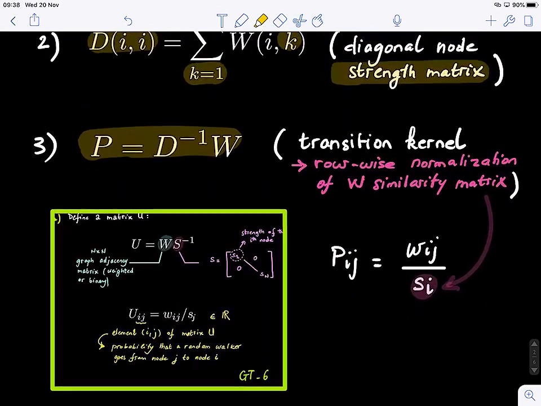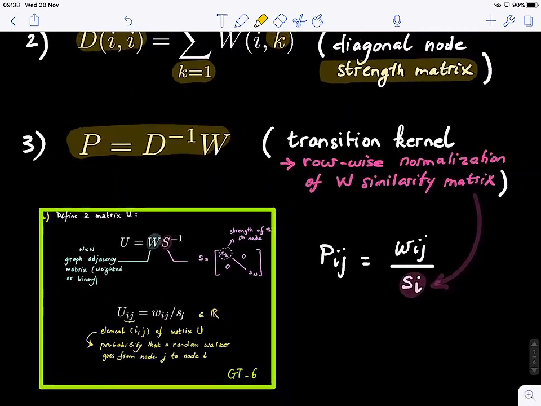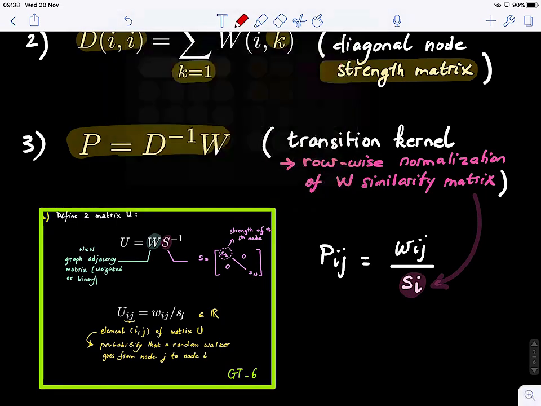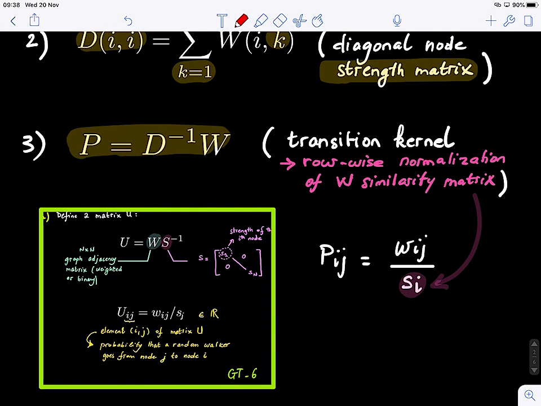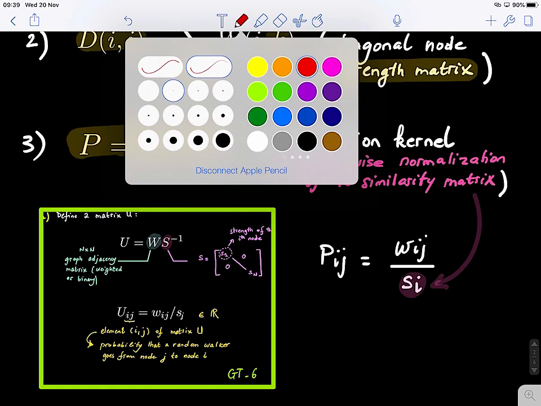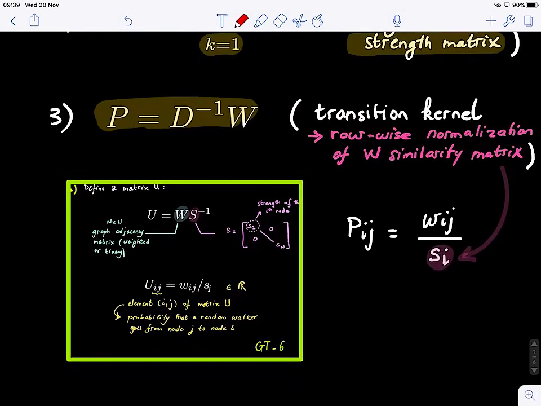And just to remind you guys, previously we called it U, okay? So this is what we called in the previous lecture, but we had it inverse. Why is that? Because we considered the random walker, okay, let me explain this so you don't get confused. We have the random walker walking basically from J to I, and because we changed the direction, it's like transposing the matrices.